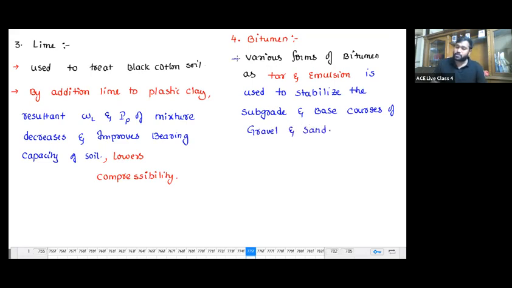So in the case of gravel and sand, we are going to use bituminous tar and bituminous emulsion. So we can also add some chemicals below PCC for anti-termite treatment.